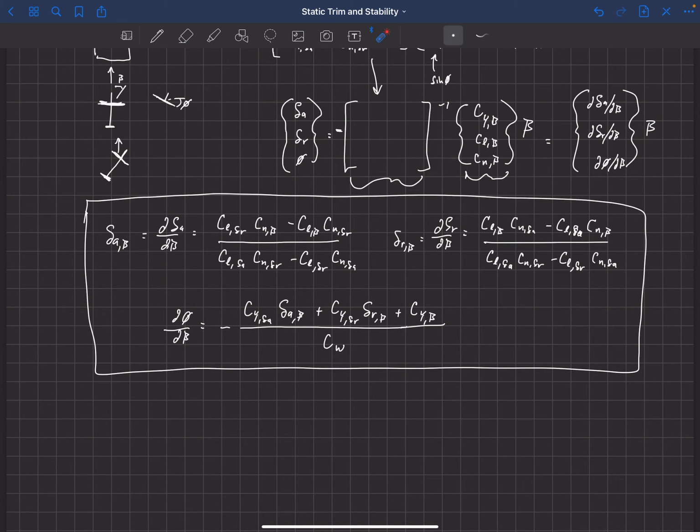So one thing that this can tell us is, for example, if this were 1.5 and this were 1, then that would tell us that probably our aileron is going to saturate before the rudder, if both of those had the same amount of degrees throw that they could deflect. So if they could both deflect 30 degrees and it's going to take 1.5 degrees for every degree of beta to trim out the aileron compared to only 1 degree per degree of beta to trim out the rudder, then we're probably going to saturate our aileron before the rudder.